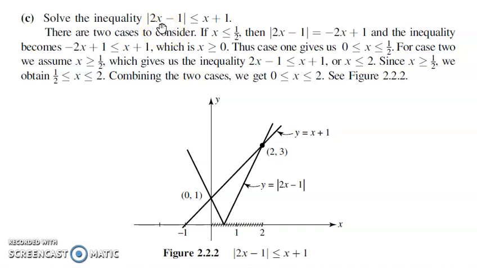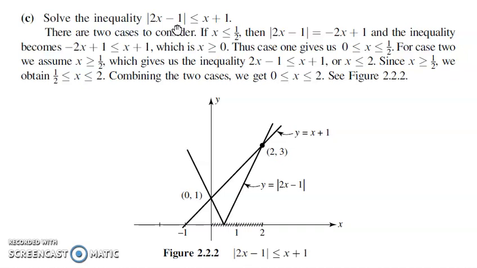Above that point, the value becomes 2x minus 1, and below that point it becomes minus of 2x minus 1. So we find the point where 2x minus 1 equals 0, which implies x is equal to 1 by 2.